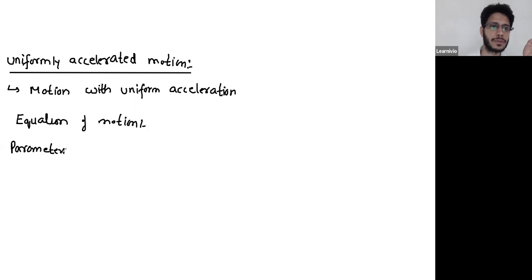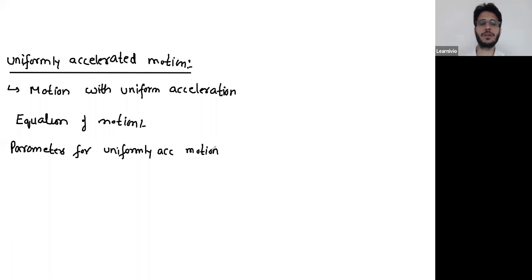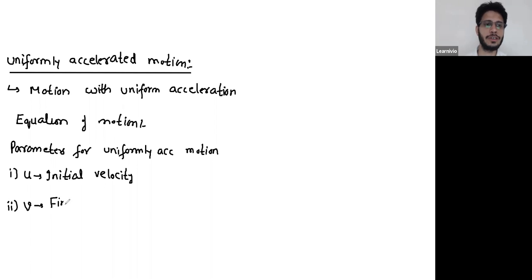Parameters for uniformly accelerated motion. The first parameter is u, which is initial velocity. The second parameter is v, which is final velocity.